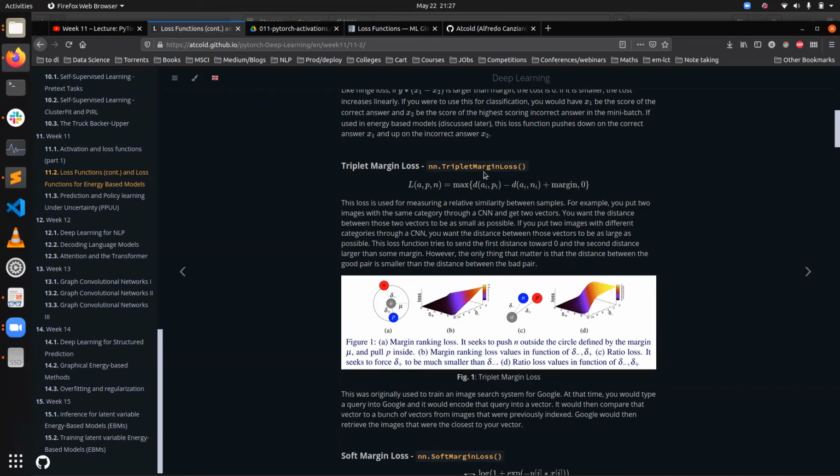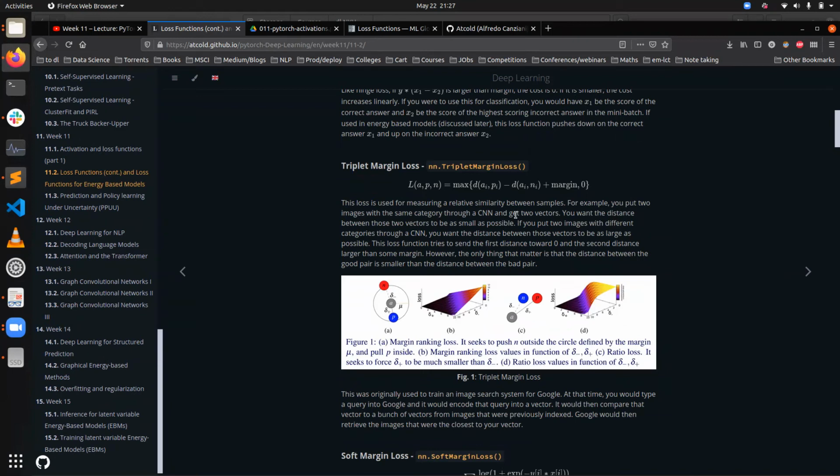This reminds me of a competition that we did in the Kaggle group, the Quora question pair similarity. There we had two questions which could either have the same semantic meaning or mean different things.